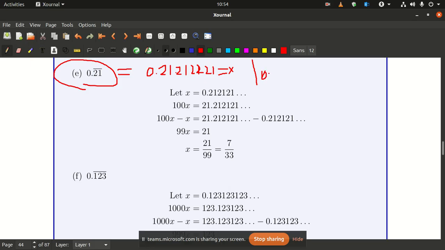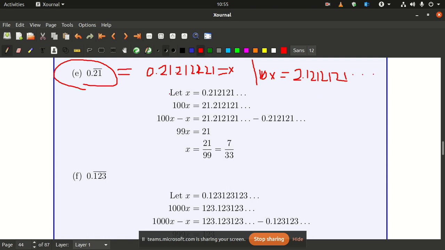Remember that we start with the 10x, I hope you get this. 10x is moving this decimal point here. So 10x is going to be equal to 2.121, 2, 1, 2, and then you have these little dots.